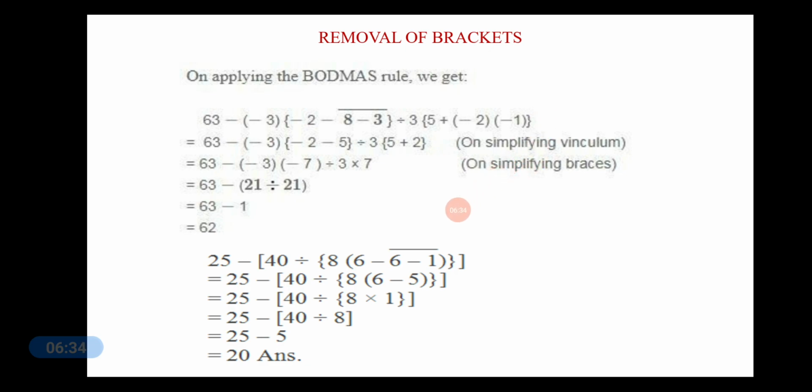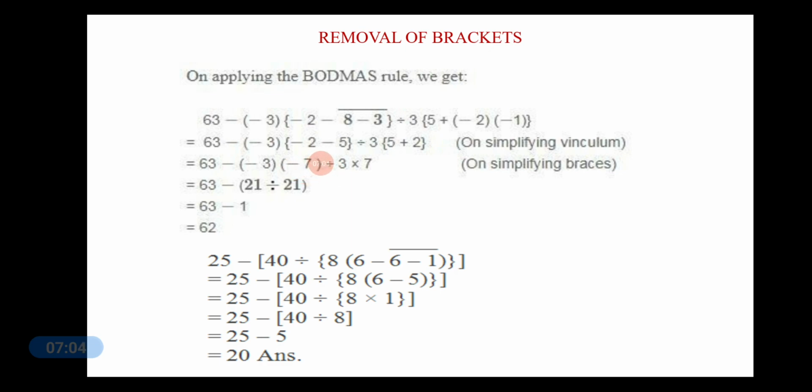Now you will have to follow each and every step properly over here. Here 63 will remain as it is and minus into minus 3 will remain as it is. We will first open this vinculum or the bar bracket. Now 8 minus 3 will give you 5, but there is a negative sign in front over here, so it will become minus 5.